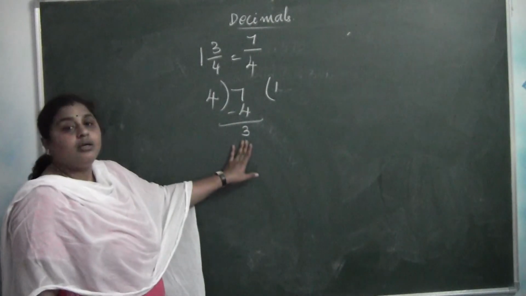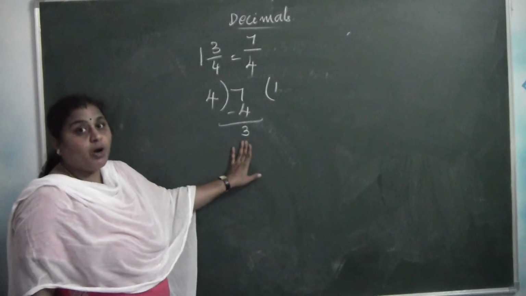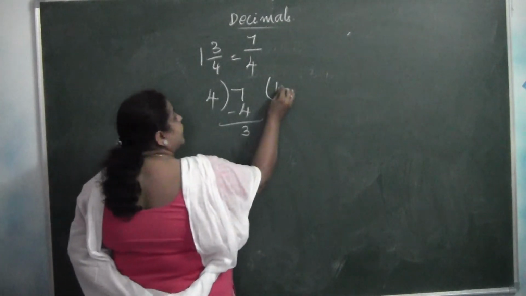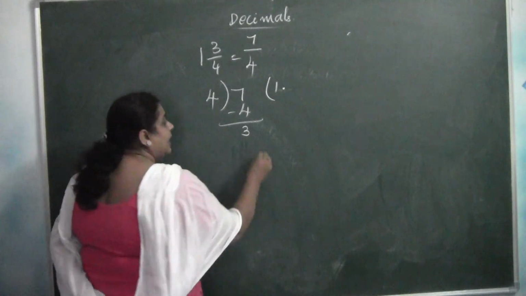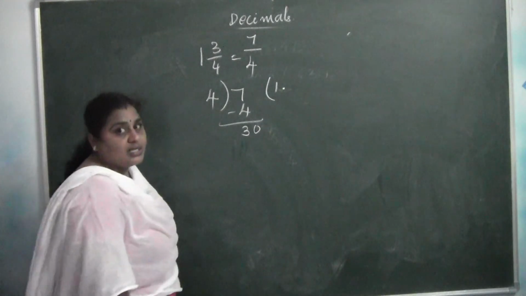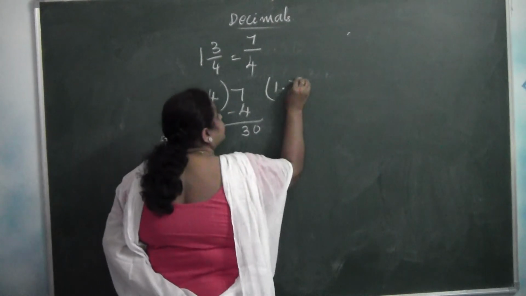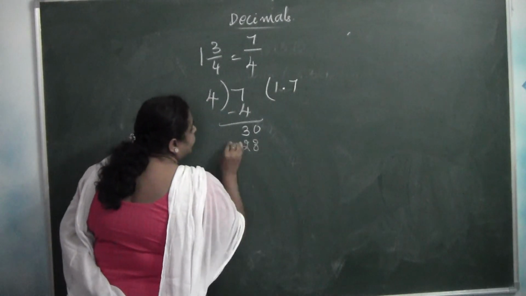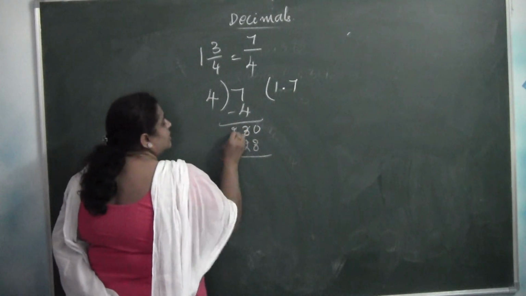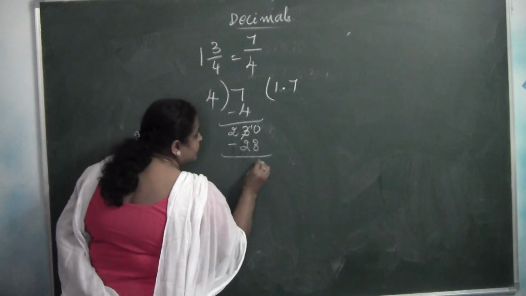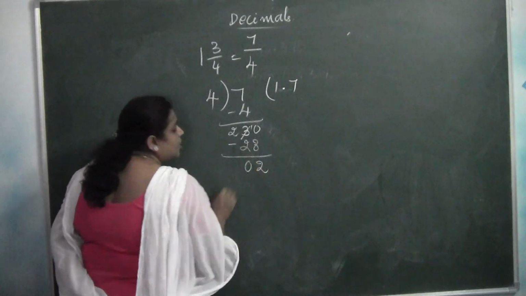Now here, shall we stop? No. What are we going to do? We are going to place a decimal in the quotient and add a 0 here. Now 3 changes to 30. 4 7s are 28. Then again subtract, 10 minus 8, 2, 2 minus 2, 0.